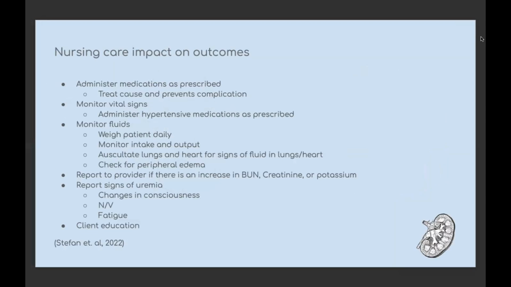For the nursing care impact on outcomes, nurses play a critical role in improving outcomes. As nurses, we have to administer medications correctly, track fluid status daily, monitor labs, and look for signs of complications. For complications, we have to look for a condition called uremia, which is an increase in the nitrogen waste that accumulates in the body because it's not being filtered out.